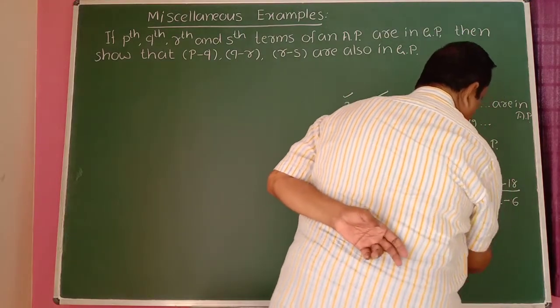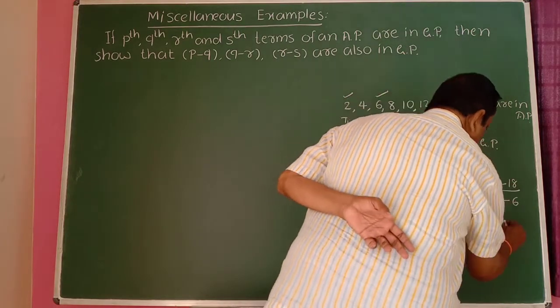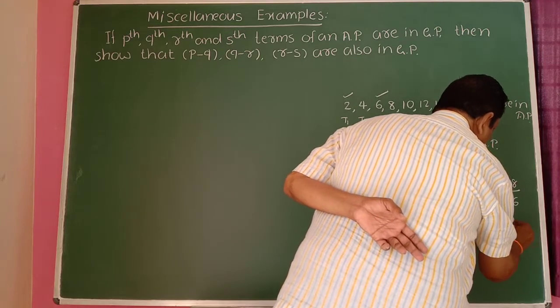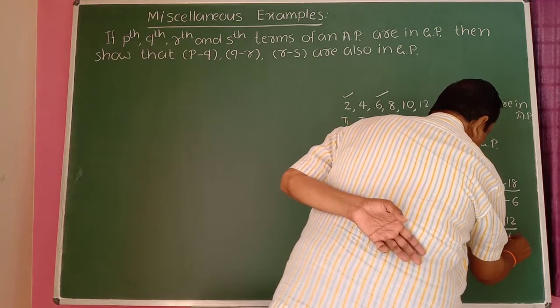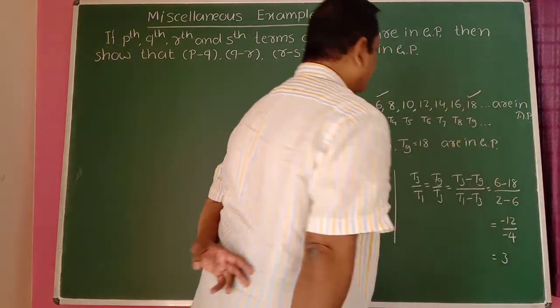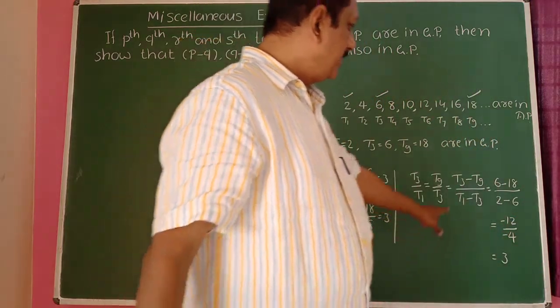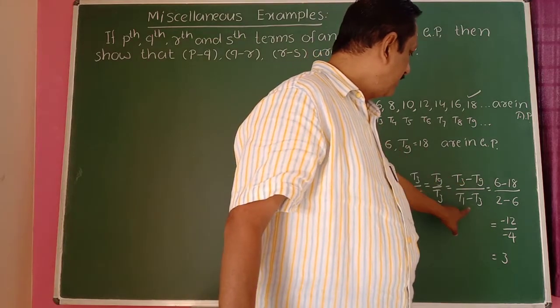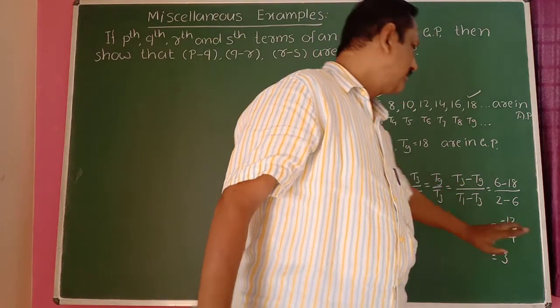Therefore, this equals 6 minus 18, which is minus 12, divided by 2 minus 6, which is minus 4. Then 4 ones are 4, 4 threes are 12, so it cancels here. Therefore, T3 minus T9 divided by T1 minus T3 is also 3.